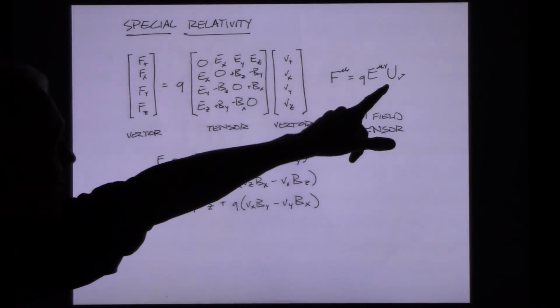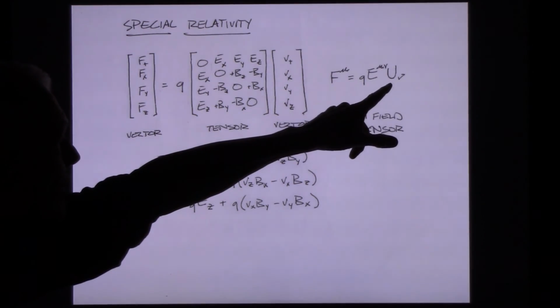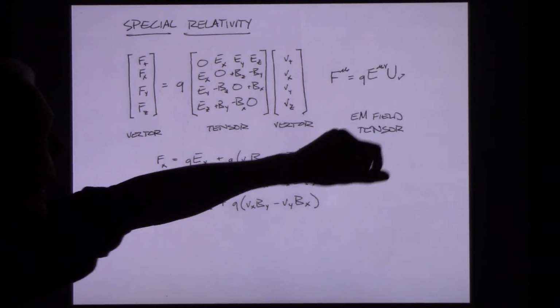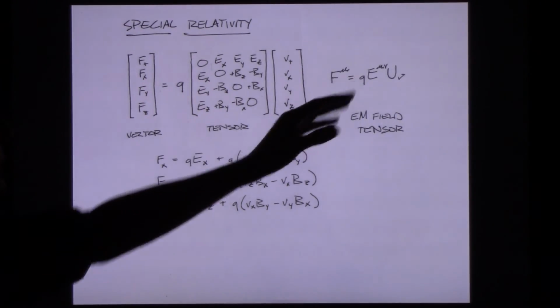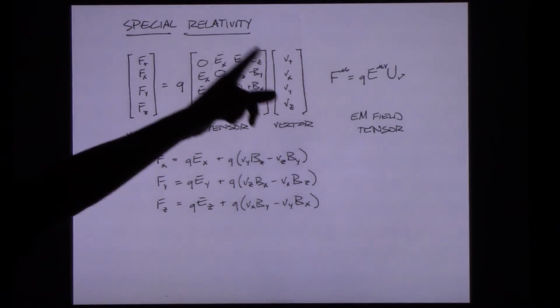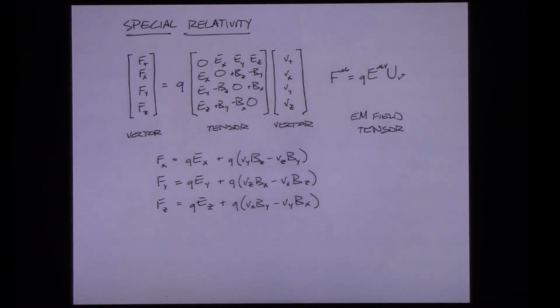And then finally, this last symbol is the 4-dimensional velocity, and this is just notation that tells us to carry out a matrix multiplication.